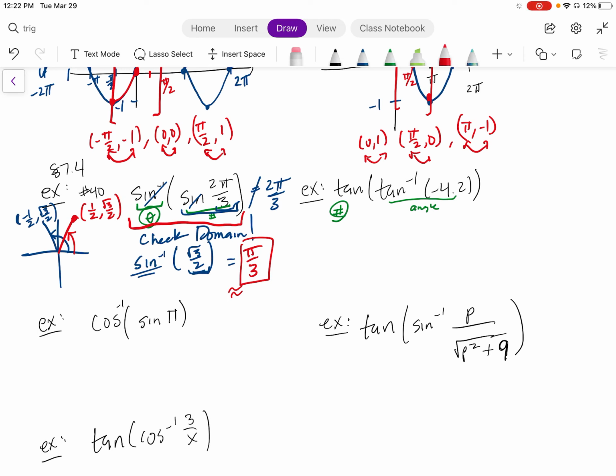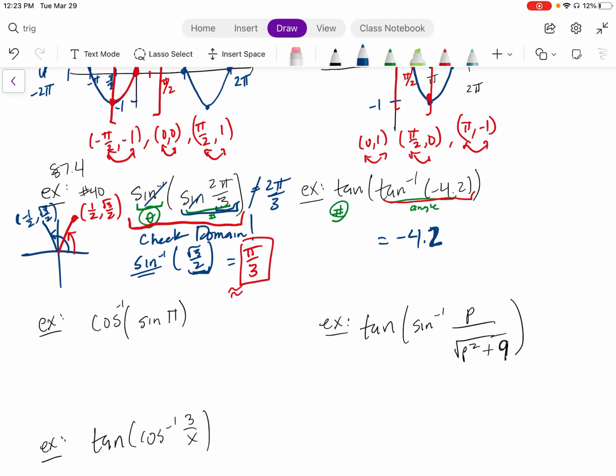Now this next one, tan inverse of negative 4.2, we can do that, right? It will have a value, but I have no idea what it is. It's not a special angle in the unit circle. So plug it in, you'll notice these do in fact cancel and you will get negative 4.2. Again, you have to have a calculator for that one.